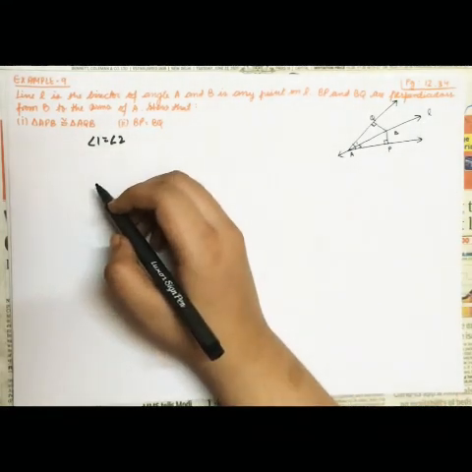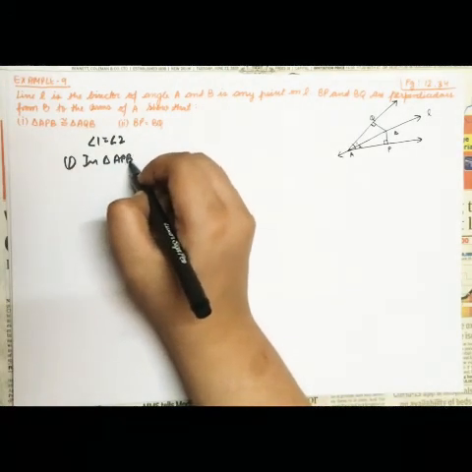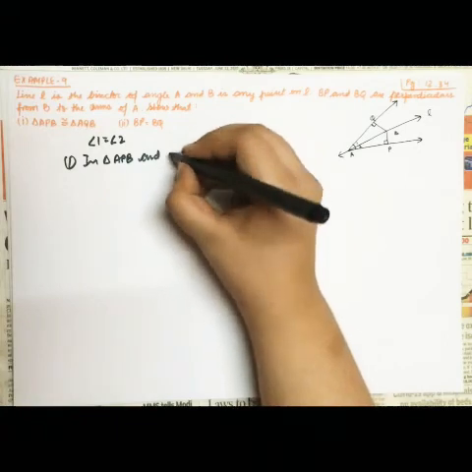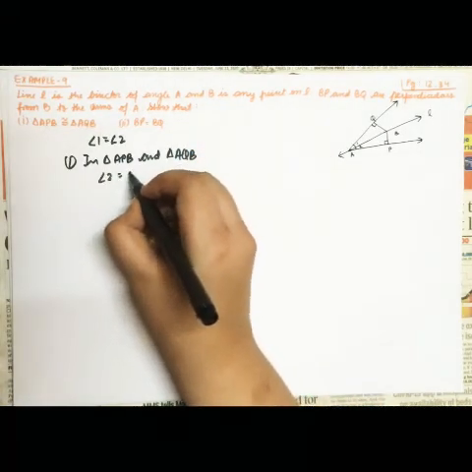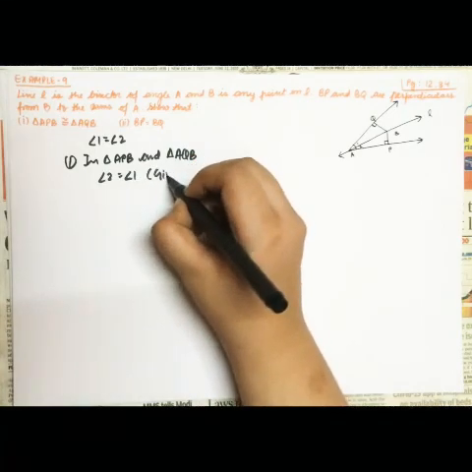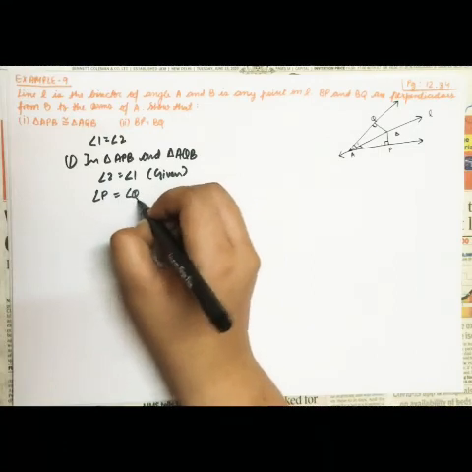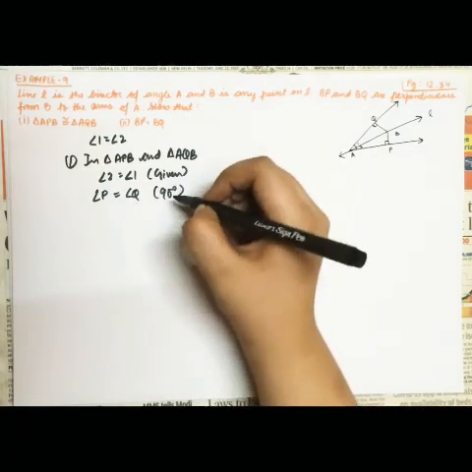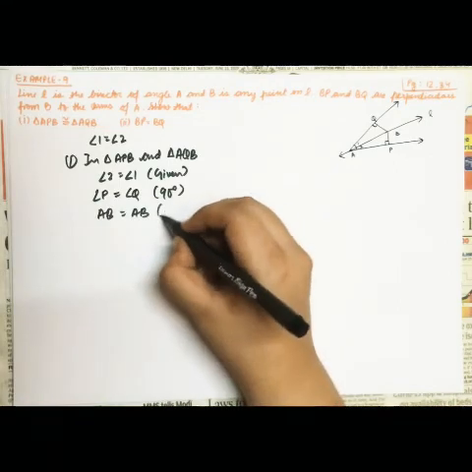Now in triangle APB and triangle AQB, we can say that angle 2 is equal to angle 1 as this is given to us. Now angle P is equal to angle Q as they both are 90°. Now AB is equal to AB as it is common.